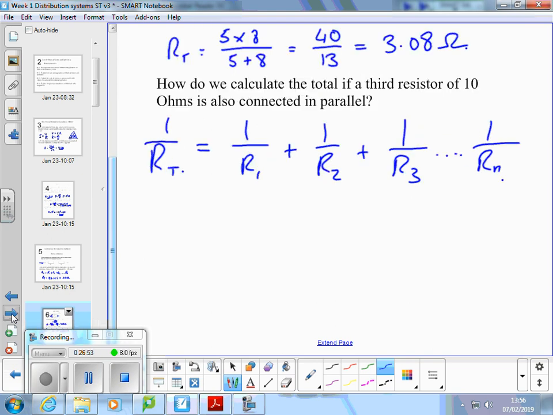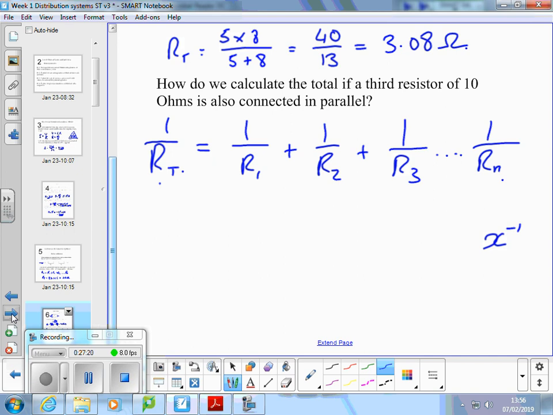Now, what I find is sometimes students forget that this is 1 over RT. 1 over a number on your calculator is the button that says x to the minus 1. That's what that means, the reciprocal of. All that button does is turn a fraction upside down.